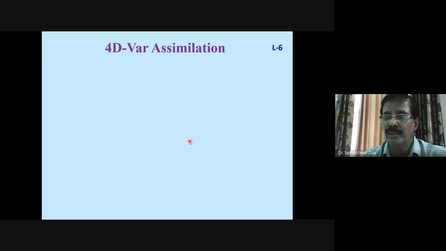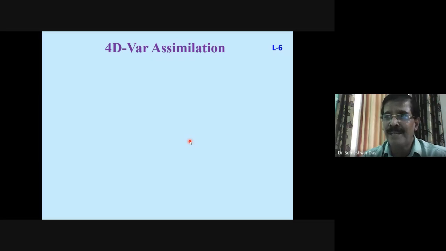And once the observations have come, you start processing those observations obtained in the last 6 hours, the entire global observations. Let us say you are doing the global model, that's what is done at NWP centers or ECMWF. So you start decoding the observations, then you start quality controlling the observations. All those things take time.